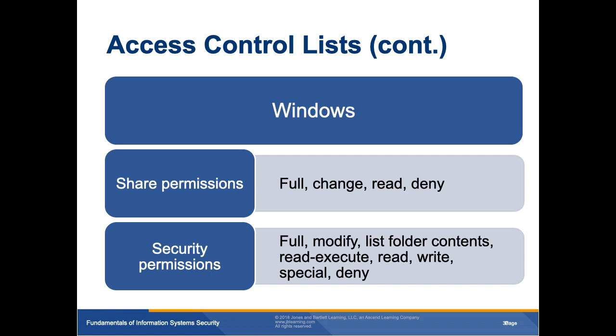So the security permissions always apply. The share permissions only apply if you're accessing the file remotely. Share permissions have full, change, read, or deny. And then the actual local security permissions on the files are full, modify, list folder contents, read, execute, read, write, special, and deny. So there's a lot more granularity on Windows for file permissions.